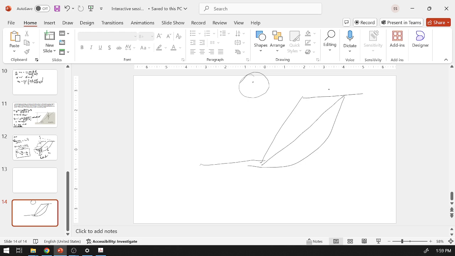We make this wedge here. What we try to do, let's say that this is W. Let us say the resultant is acting here in this direction.